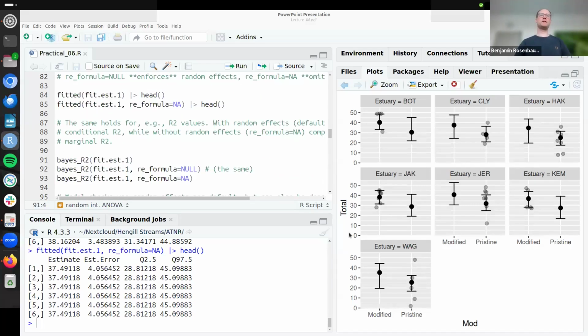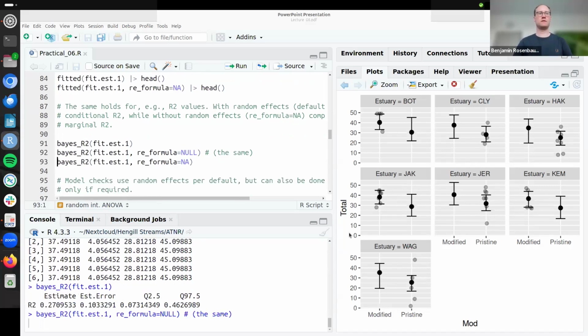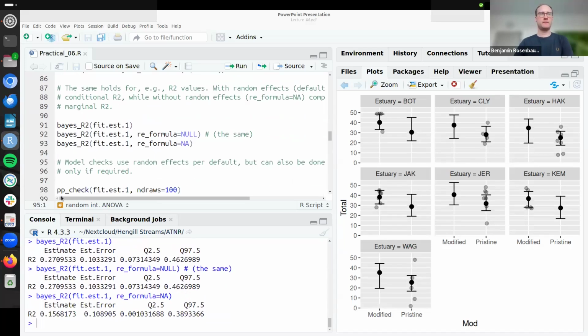And the same for instance for the R2 values. I don't know which this one is. Let's check. Yeah, the base R2 will automatically give you the conditional one, so including the random effects. And specifying this here will actually give you the same. You can also specify to exclude the random effects.